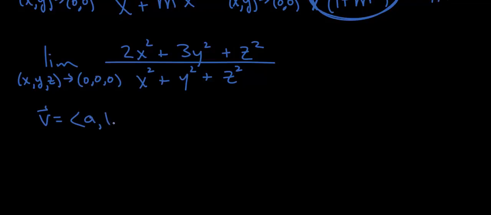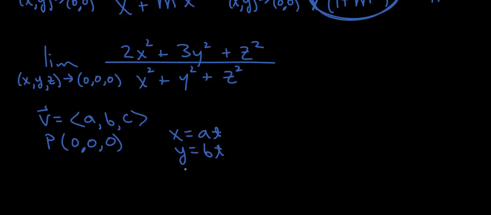In other words, I have a vector to which the line is parallel. And the point that it passes through, of course, is 0, 0, 0. So I want to make a set of parametric equations for this line that's parallel to that vector. So I get x equals at, y equals bt, and z equals ct.